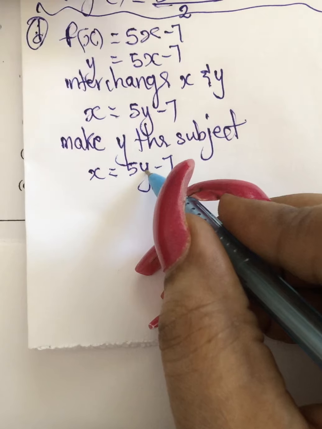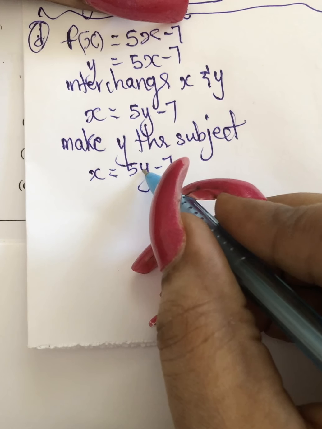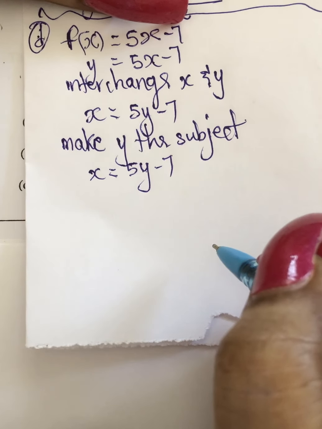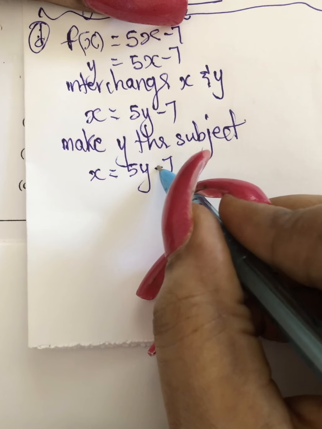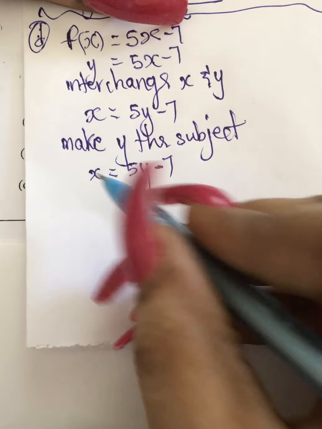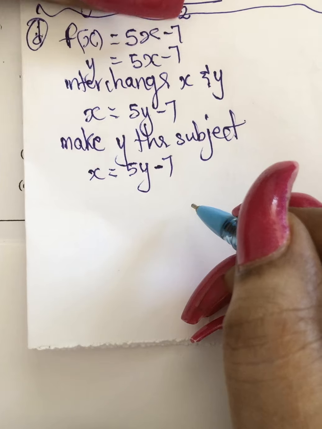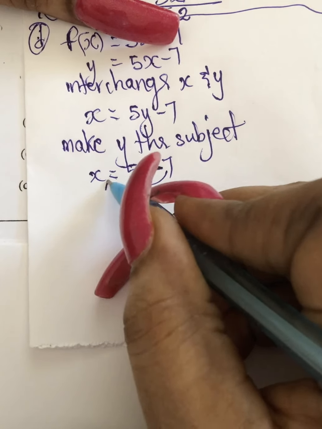Because I want y, I am going to keep this 5y on the right hand side for now. I'm going to get rid of this negative 7. I am going to take it across the equal sign to join my x.